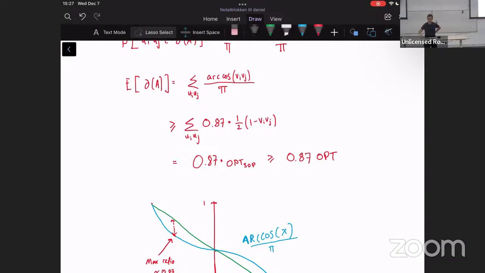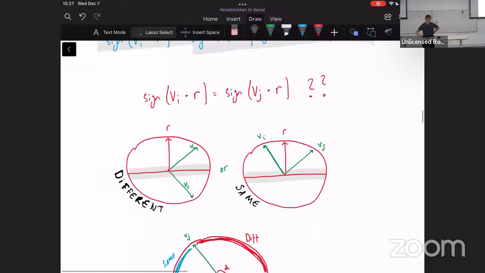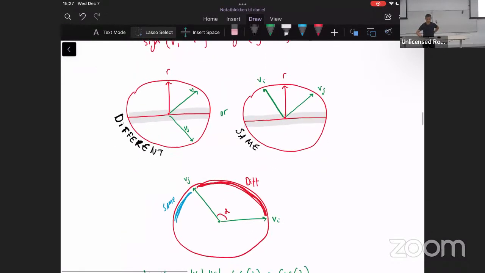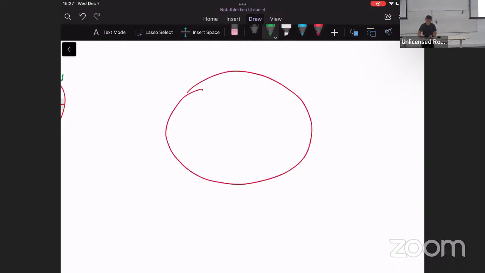The alpha and the pi part. This part. Okay, let me do it over here maybe. So we have some circle, and there is some vi and vj in that circle.